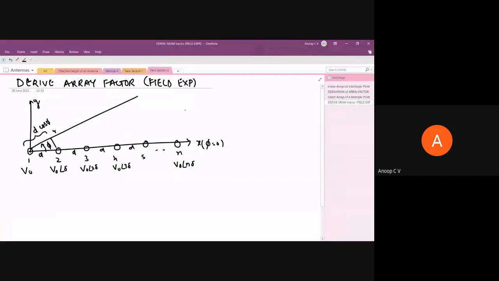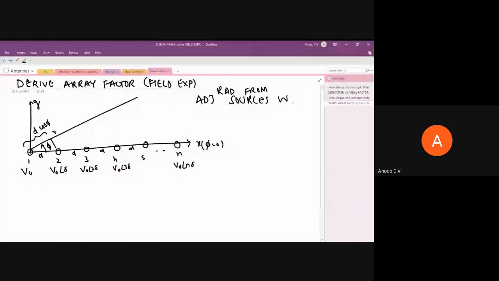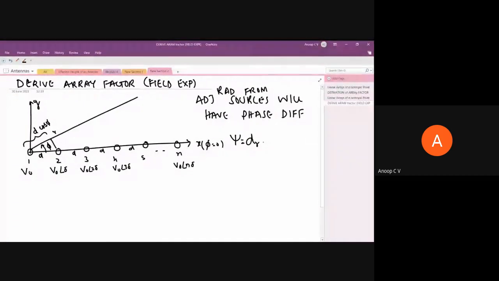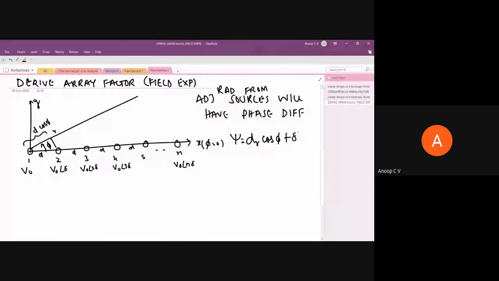So the radiation from adjacent sources will have a phase difference psi equal to dr cos phi plus delta, and you have to remember this dr is nothing but 2 pi by lambda times d.